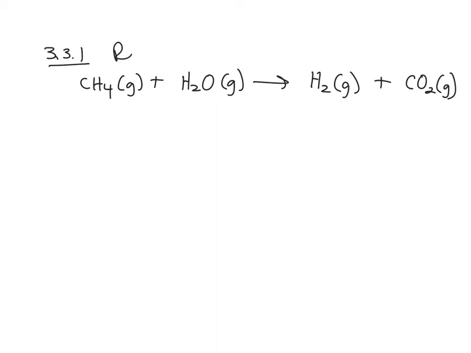So this is the reactant side, and this is the product side. And so the first thing you want to do is take inventory. So the carbon, here you have one carbon, and over here you have one carbon. And then you have the number of hydrogens.